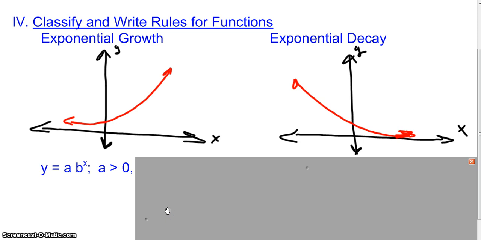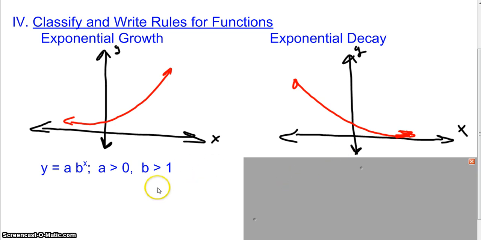So 1/2, would that be growth? A B value of 1/2? No, he's right, it's greater than 1. And that's because if you have a B value that's a proper fraction, like 1/2, 1/3, 2/10, whatever, then you have decay.